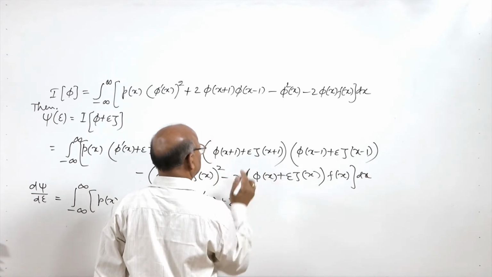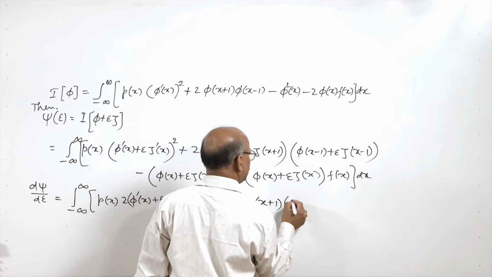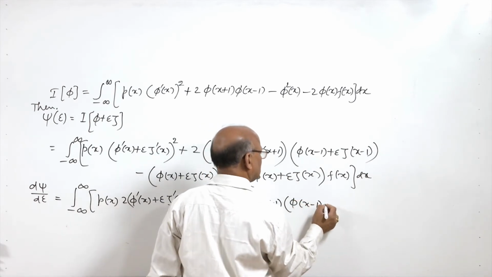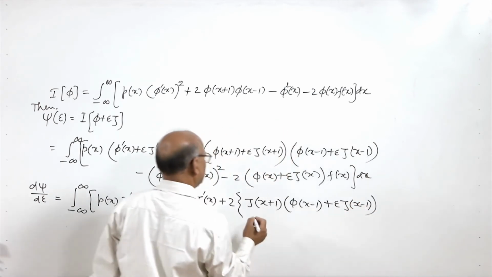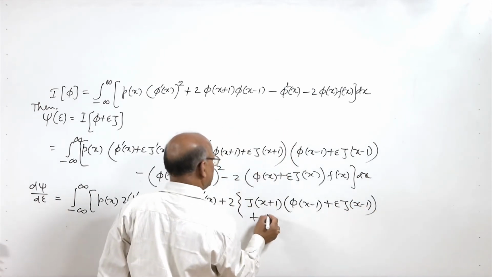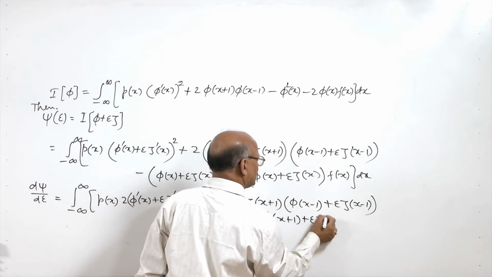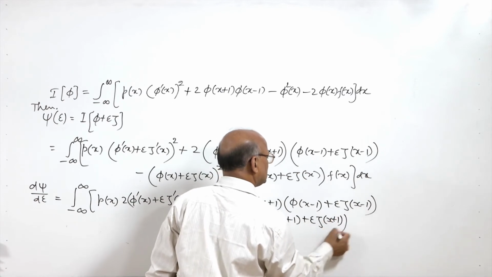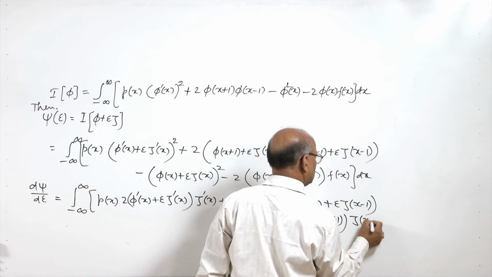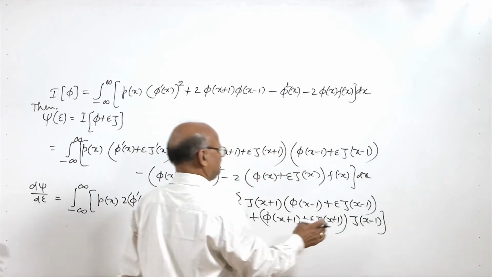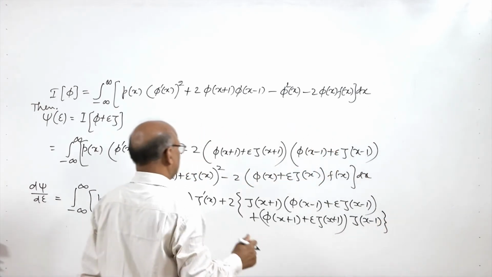when we differentiate this with respect to epsilon we get zeta x plus 1 into phi x minus 1 plus epsilon zeta x minus 1, and then we differentiate the second one. So phi x plus 1 plus epsilon zeta x plus 1 into zeta x minus 1, and then we come here.